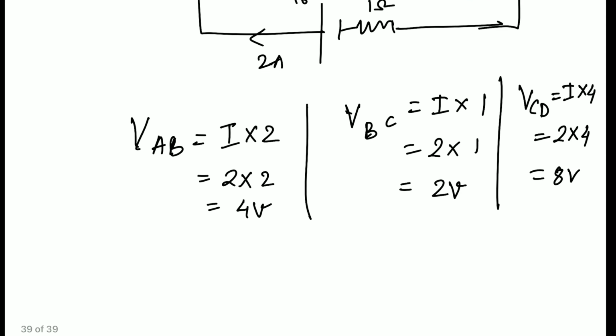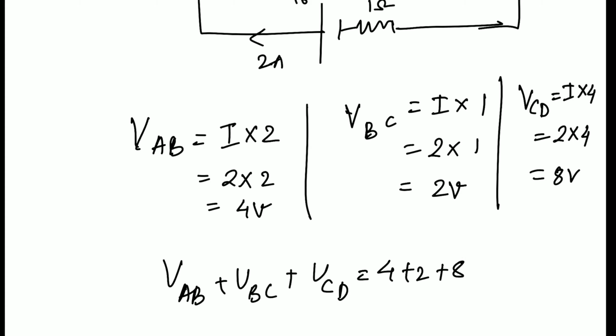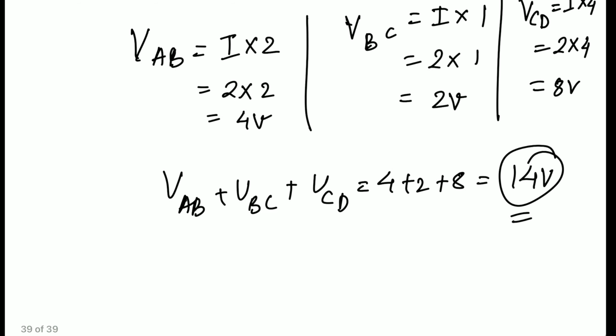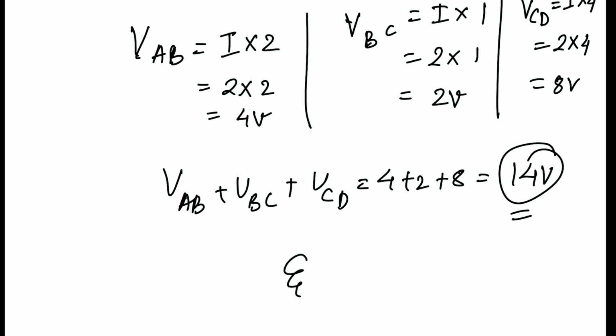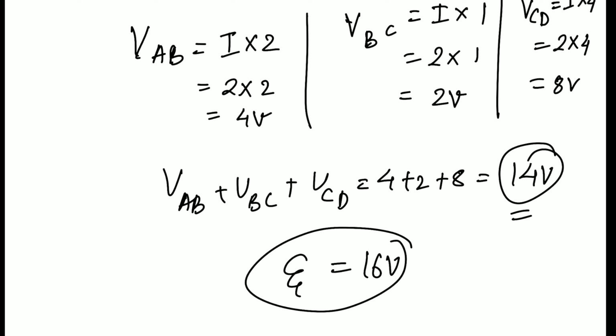So when I add VAB plus VBC plus VCD, answer comes out to be 4 plus 2 plus 8, which is 14 volt, and this is actually correct, because EMF of the battery is 16 volt. That means 2 volt is lost in the form of heat. I hope you guys can understand this.